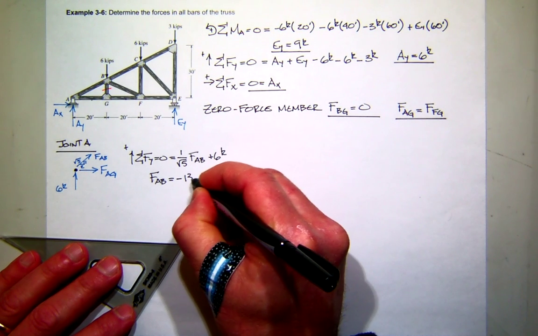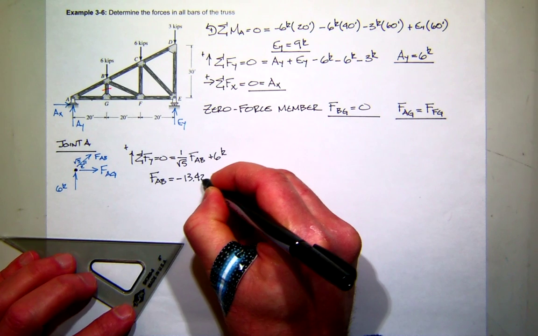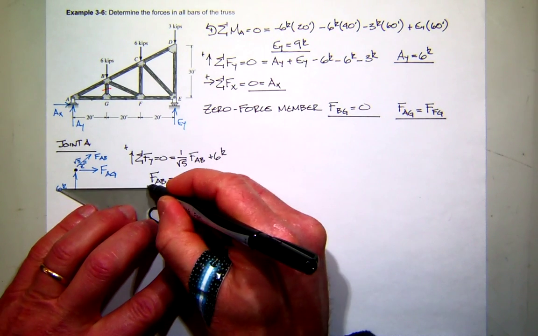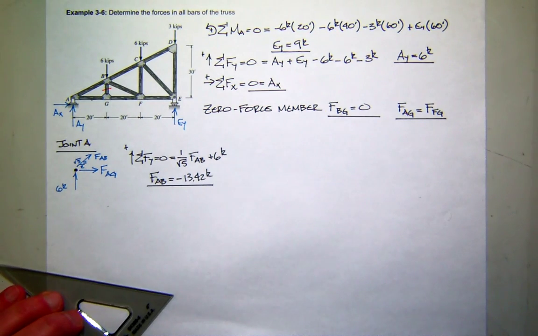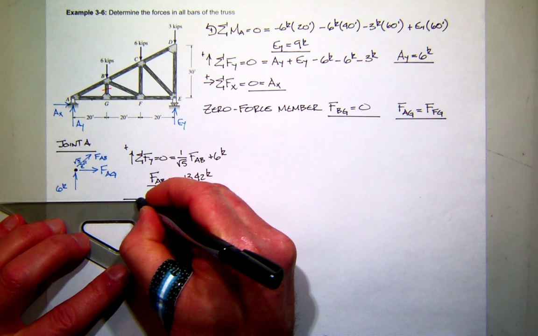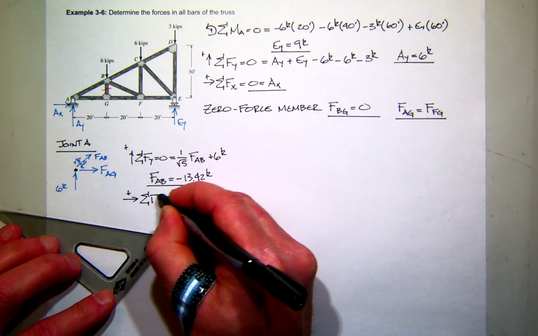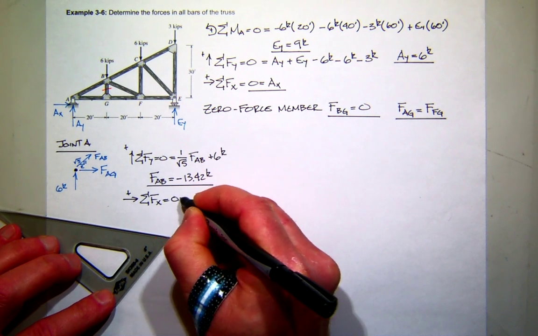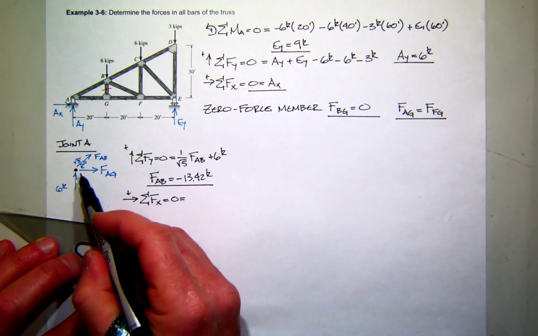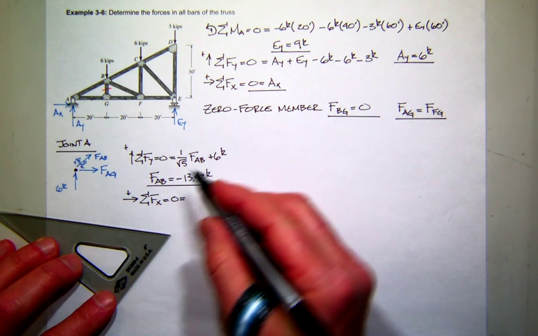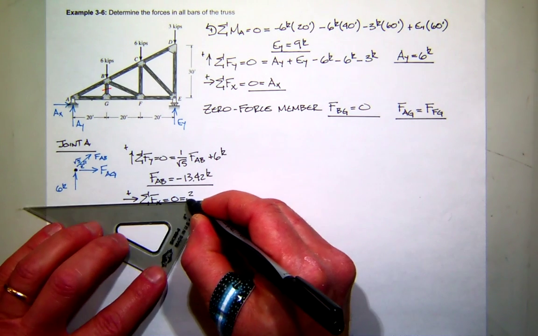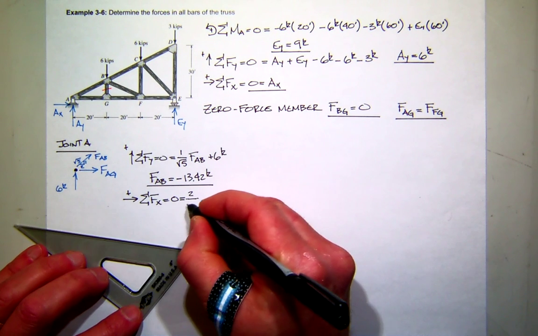13.42. Anybody else get that? Seems reasonable. And now I can sum forces in the X direction. In this case, I'll have the X component of AB, which is 2 times the square root of 5.